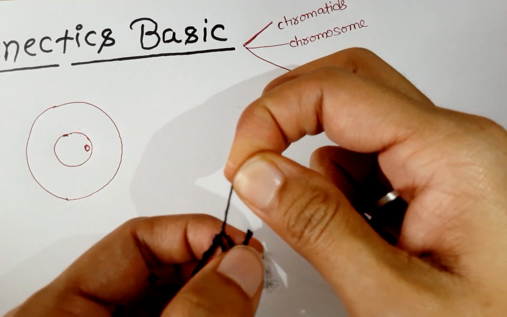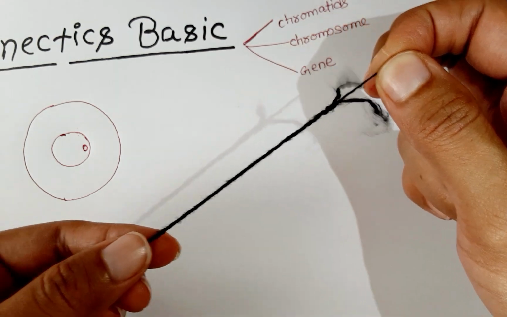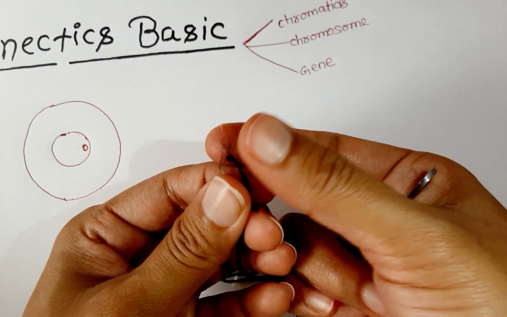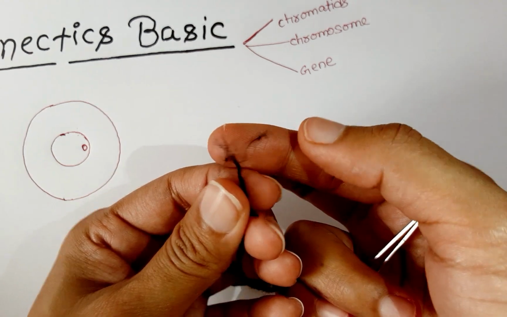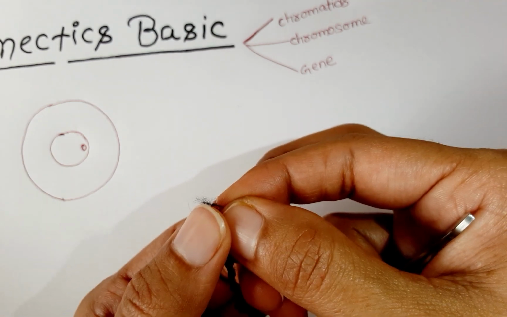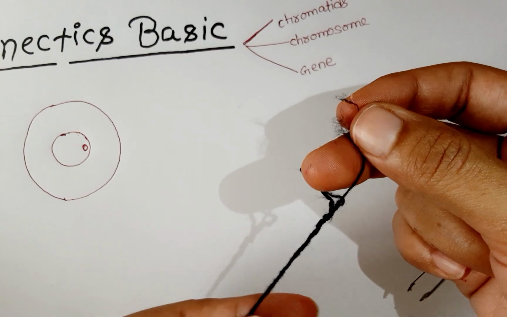This is chromatid, and after combining, this is chromosome, and this structure is gene, and in this there are small beads-like structures, that is DNA. Have you understood?